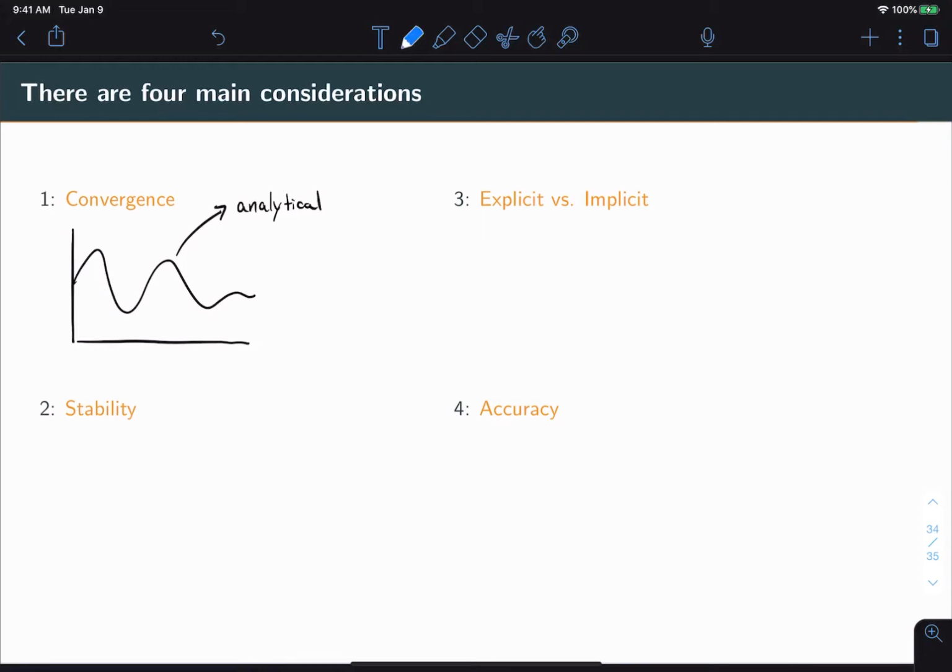If we use a large delta t, you may expect some fluctuations around the true solution. On the other hand, with a small delta t, we would expect these fluctuations to be much smaller. And as the delta t approaches 0, we would expect it to approach the analytical solution.